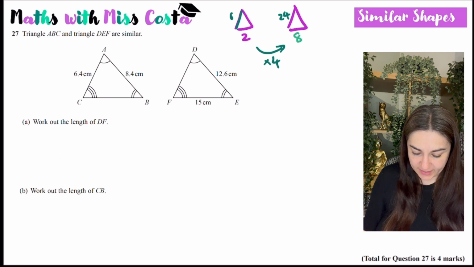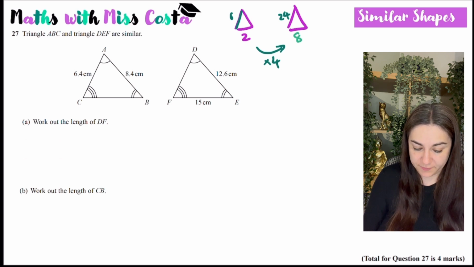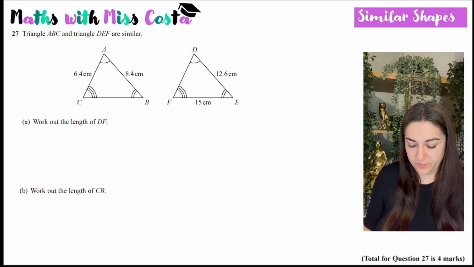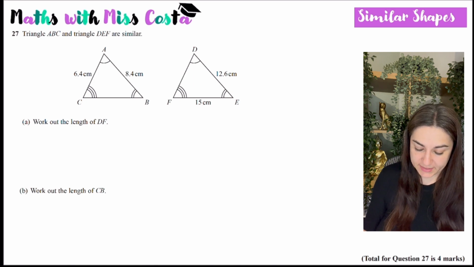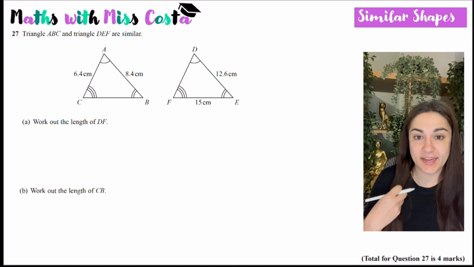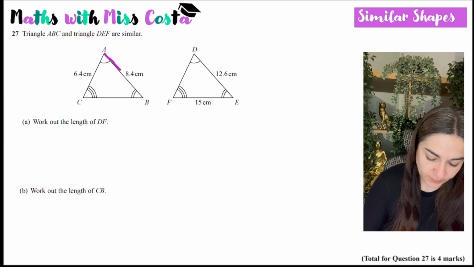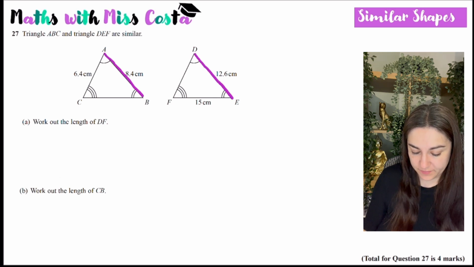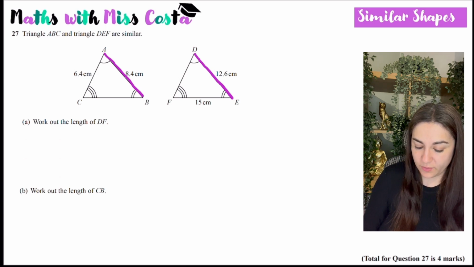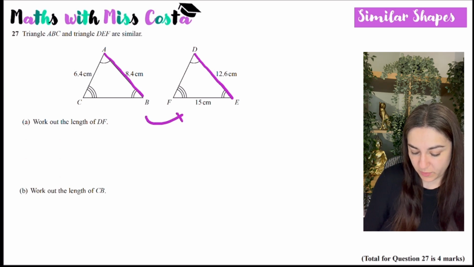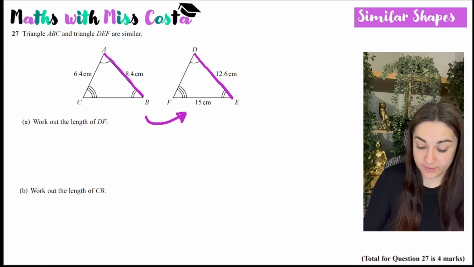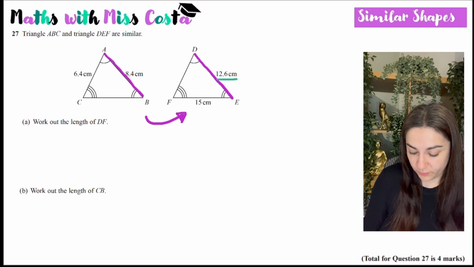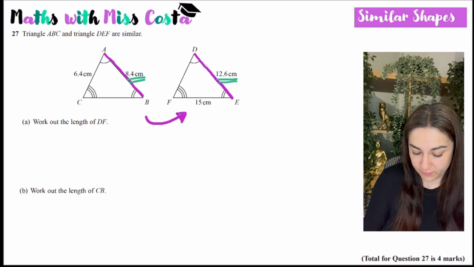So the first thing that we want to do is look for 2 sides that are corresponding, so in the same place in each triangle. So AB and DF are the same. So I need to figure out what I'm multiplying this triangle by to get to that triangle. To work that out, I've got 12.6 here and 8.4 here.